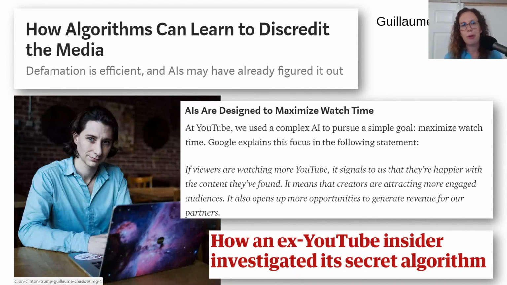So Guillaume wrote a great post about this mechanism that's at play. And this is not just YouTube. Any recommendation system could, I think, be susceptible to this. And there has been a lot of talk about issues with many recommendation systems across platforms. But it is something to be mindful of, and something that the creators of this did not anticipate.